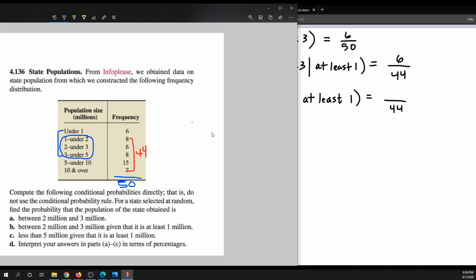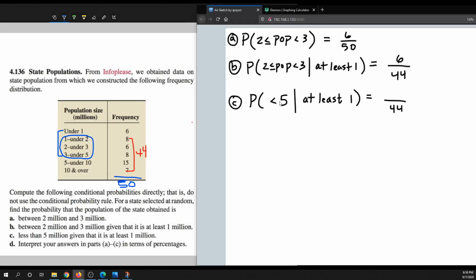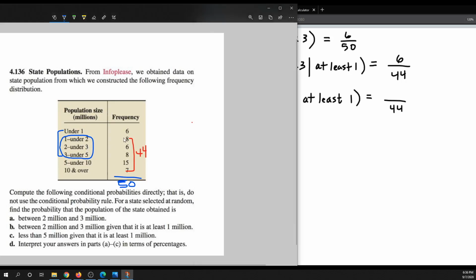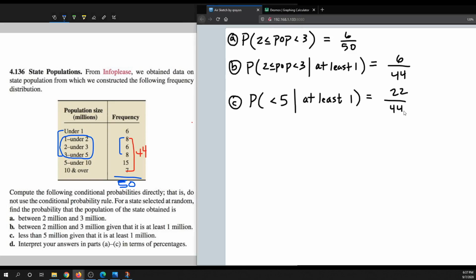So again, we are looking for all of the states that have less than 5 million in population that also have at least 1 million, okay? And so that would be just these 3, all right? And so we would add these 3 numbers up, and that would be our top number, 8 plus 6 plus 8. That is 22, right? So that number would go on top here, okay?